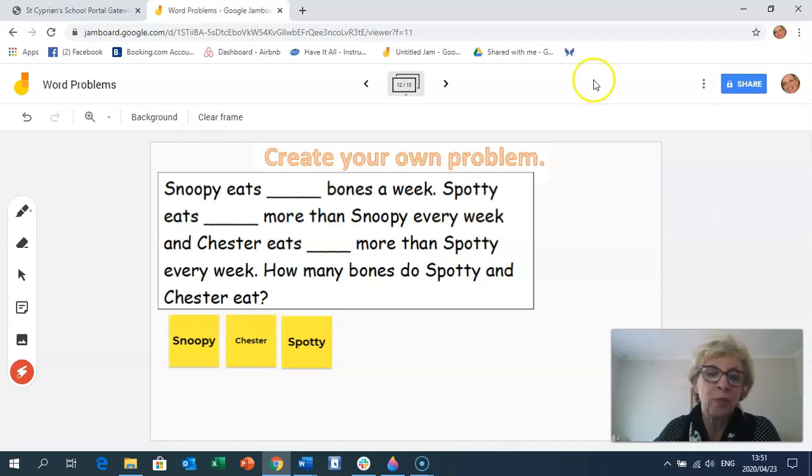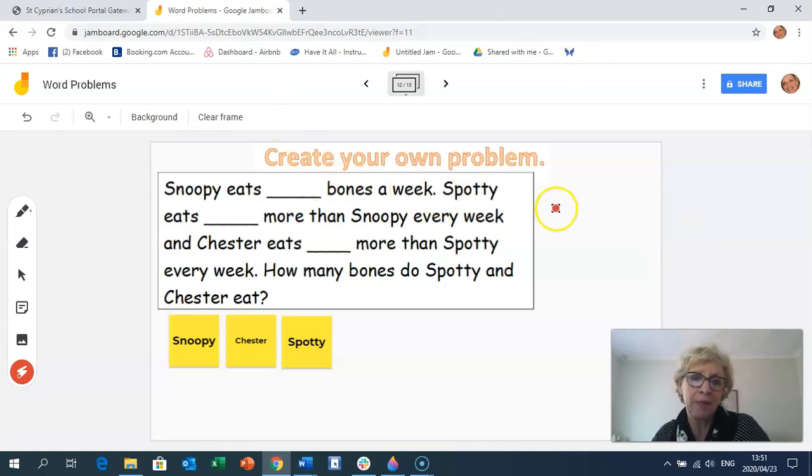How many bones do Spotty and Chester eat? Sometimes it's good, if you get a problem sum like this, to remove the numbers and read it without the numbers, because then your numbers aren't confusing the meaning. You understand what I'm saying? So you are first understanding the words, and then you add the numbers in.